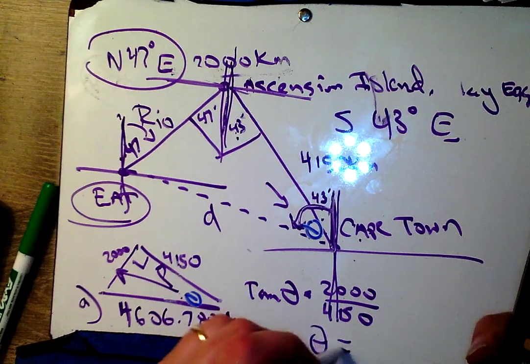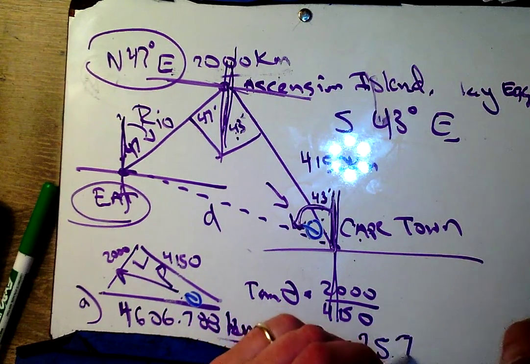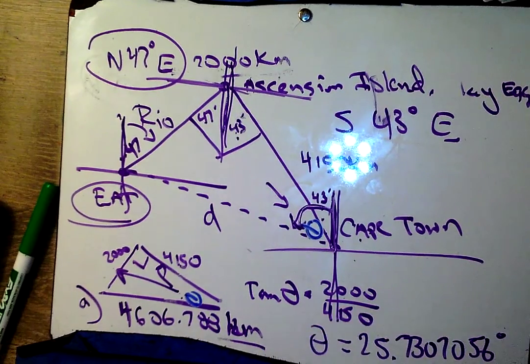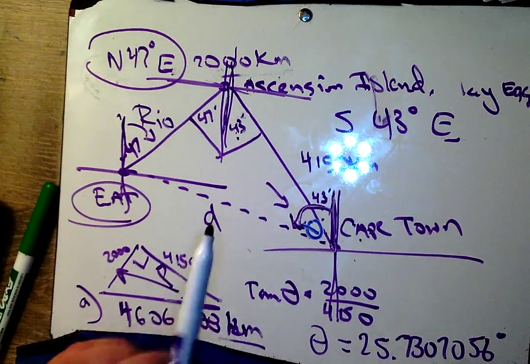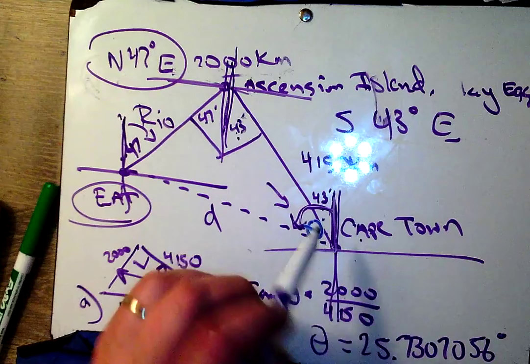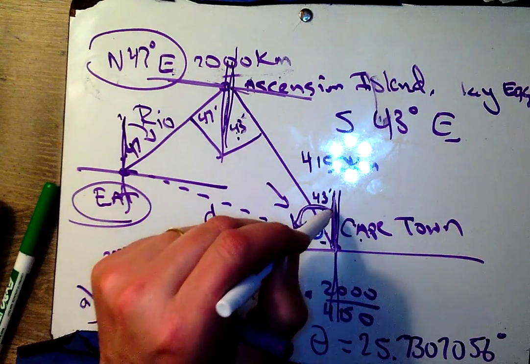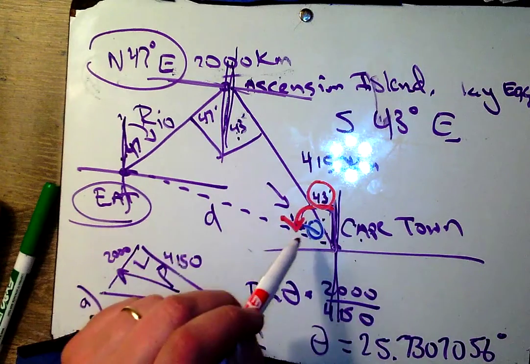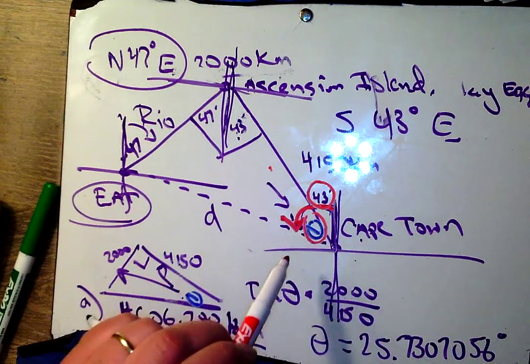that theta should be 25.7307056 degrees. Great. Remember though, our bearing angle is this red one, which is made up of the 43 and the theta.